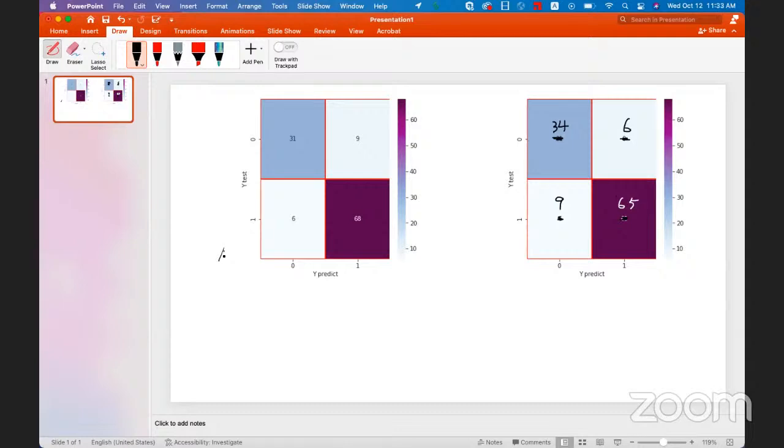Model A, okay. Model B. Who can tell me the accuracy score for each model?